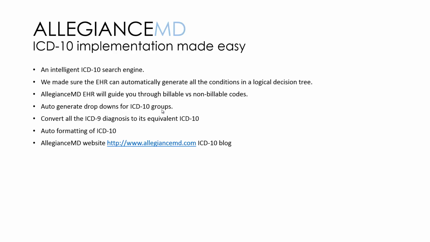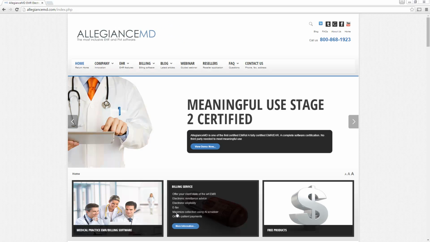So come October 1st, if you select an ICD-9 code in the EHR, it will automatically prompt you for the equivalent ICD-10 code. The system will auto-format the ICD-10 for you, as we discussed, for placeholders and laterality and such.